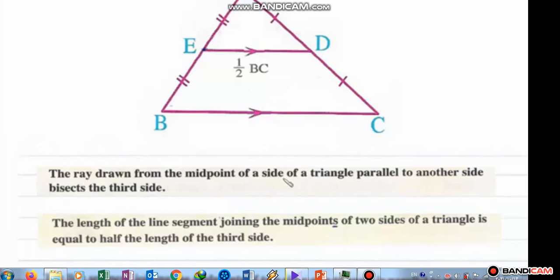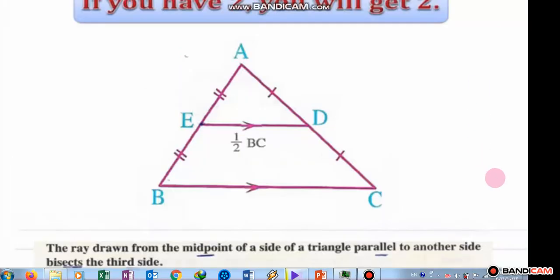Again, the corollary says the line segment joining the midpoints of two sides of a triangle is parallel to the third side. This is the line segment joining what? Joining the midpoints of two sides. What is parallel to the third side? Okay?